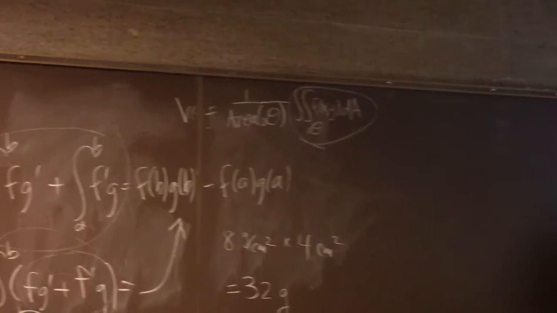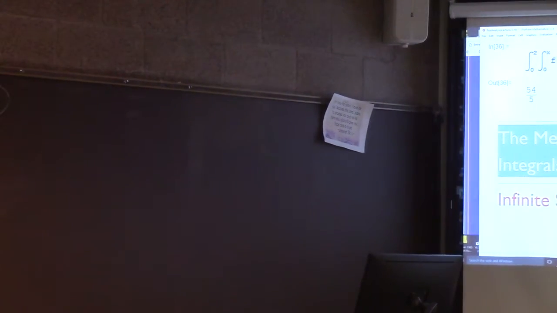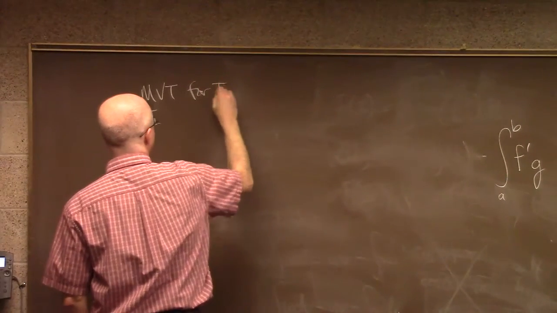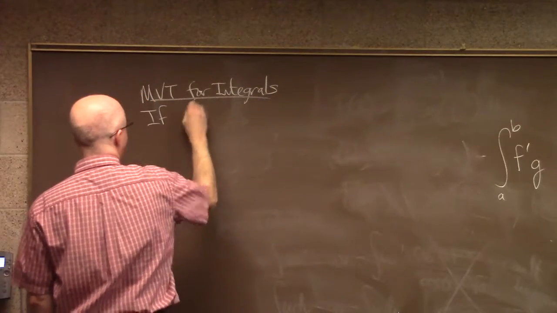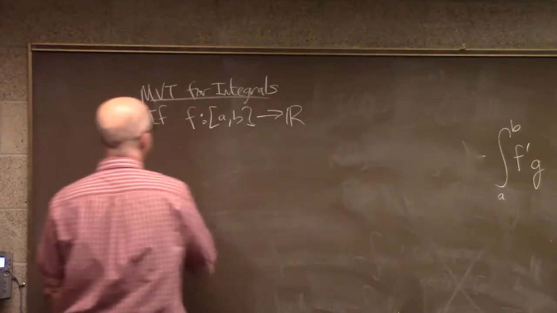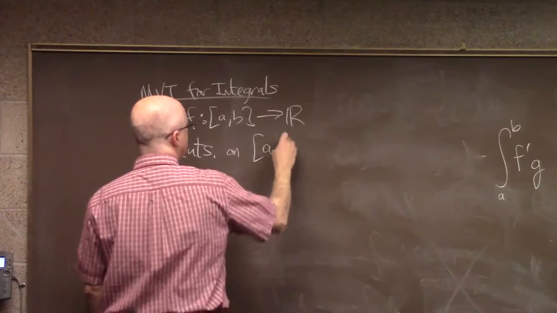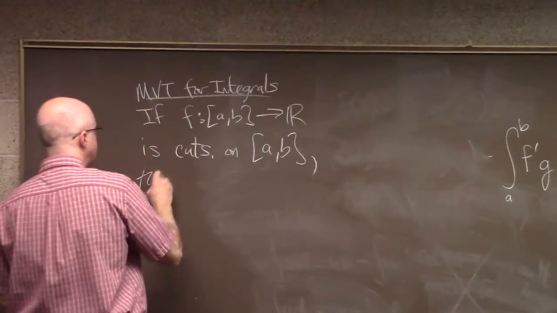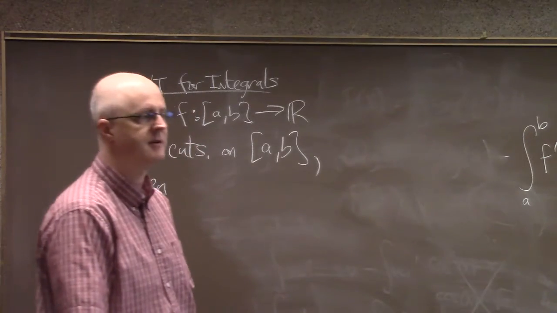There's a mean value theorem for integrals, and it's related to the concept of average value. MVT for integrals: if f is continuous, essentially the conclusion is there is some c between a and b where f of c is the average value of the function.